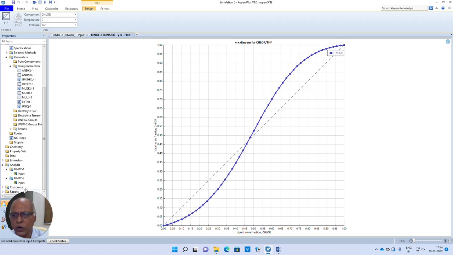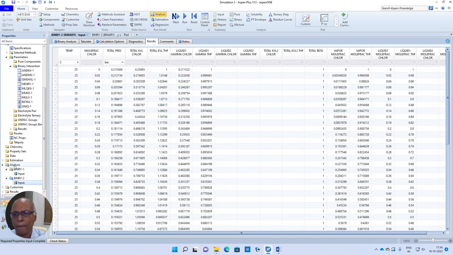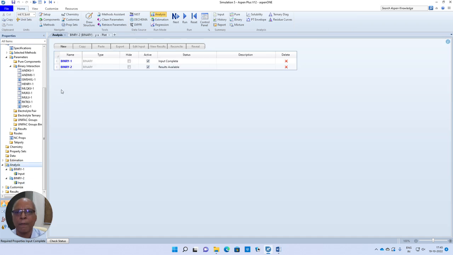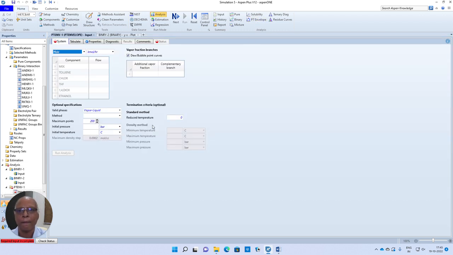In the same way, of course, you can also create other models. So say new. One more calculation I would like to show you. You can repeat for the remaining two examples, the PT envelope.